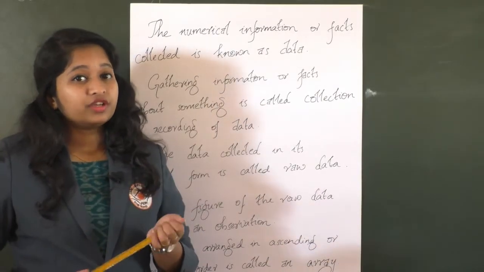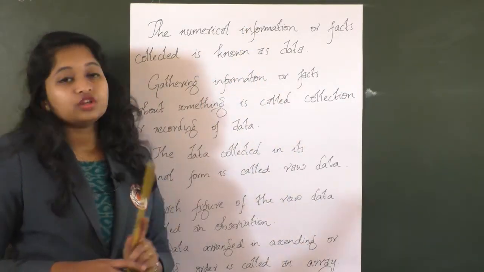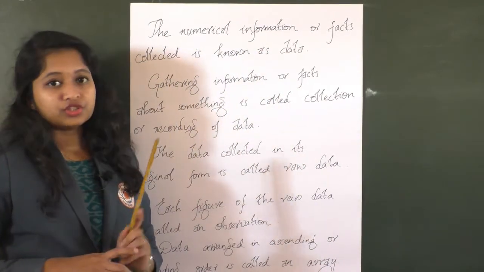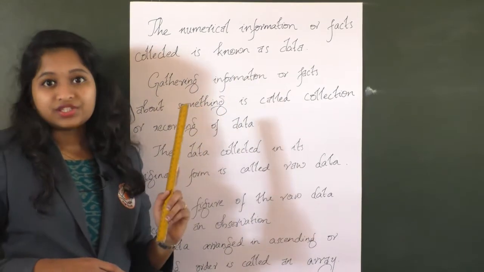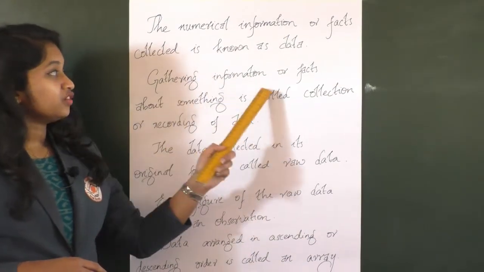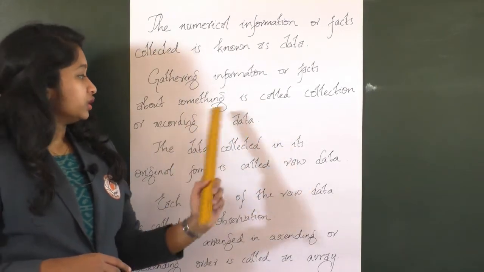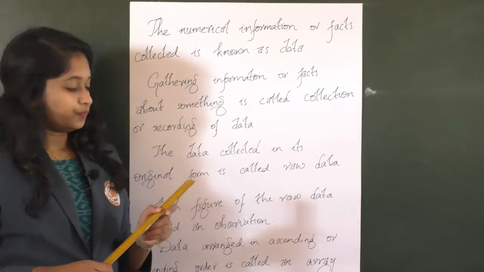First, let's recall the collection of data and organization of data. Okay? The numerical information or facts collected is known as data. Gathering information or facts about something is called collection or recording of data.